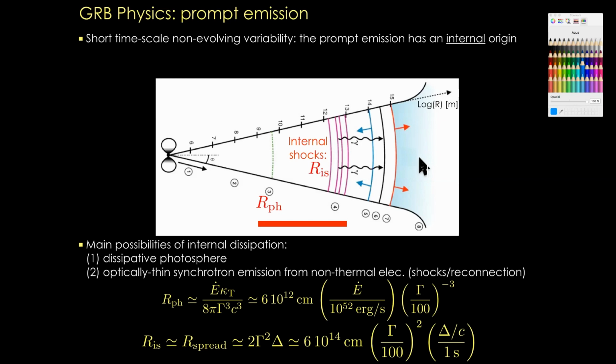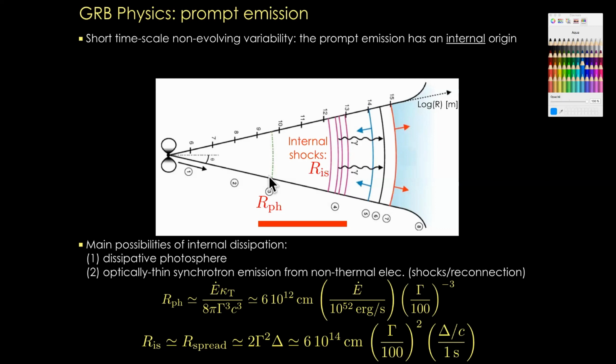So there are a lot of possibilities discussed today. The idea is that there is a first important radius that we will derive in 1 minute, which is the so-called photospheric radius. The photospheric radius corresponds to the transition for the ejecta from an optically thick regime to an optically thin regime, or you can say from an opaque to a transparent regime.